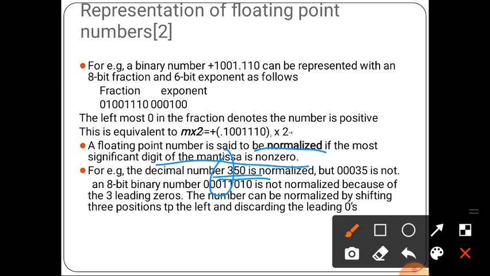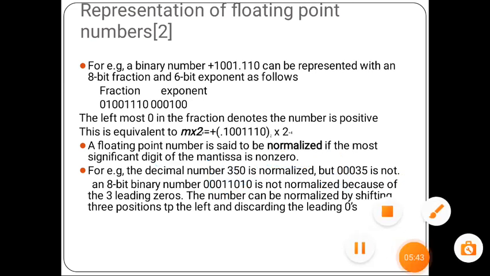But assume the number is 00035. Here the most significant digit is 0, so this number is not normalized.